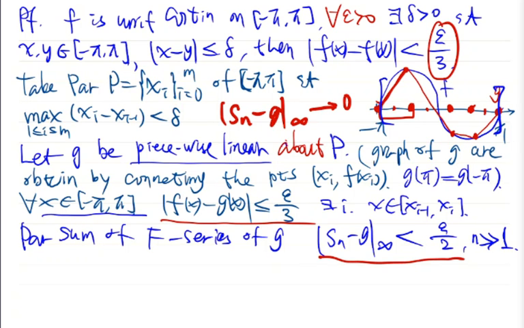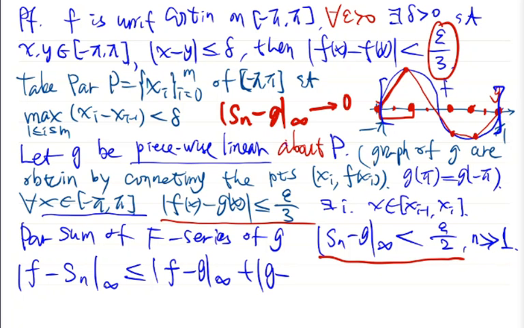Now, the infinity norm of f minus S_n will not be greater than the norm of f minus g plus the norm of g minus S_n. But g minus S_n is already less than half of epsilon.